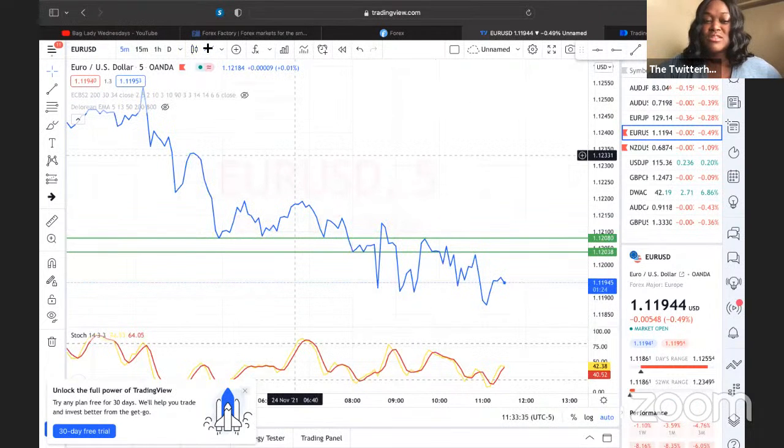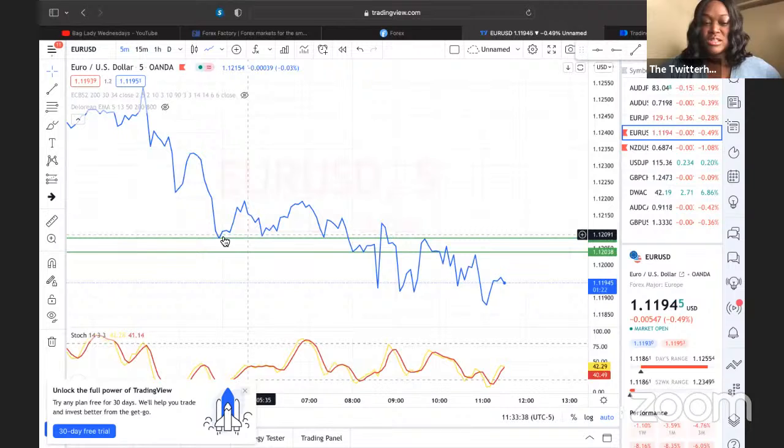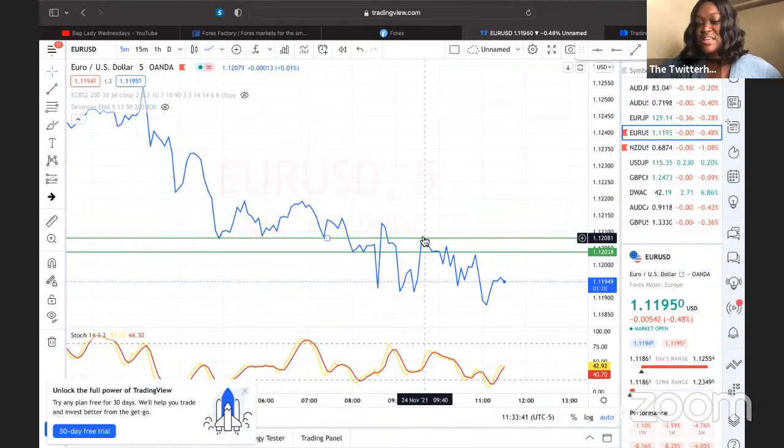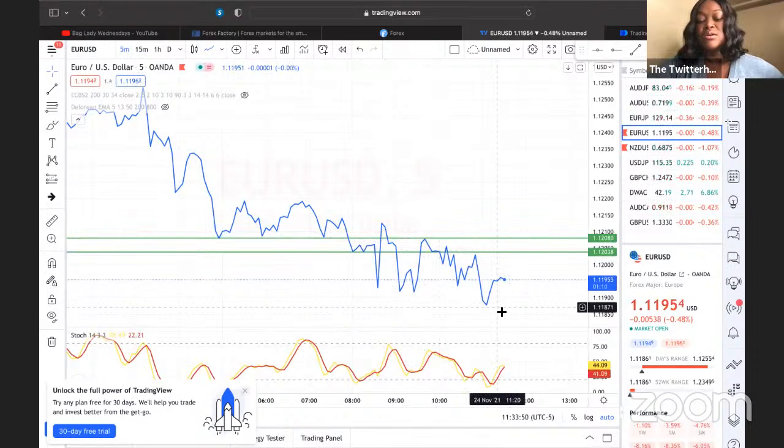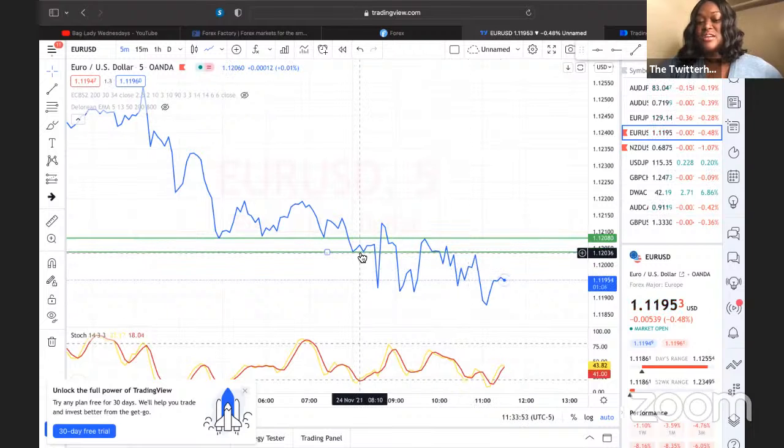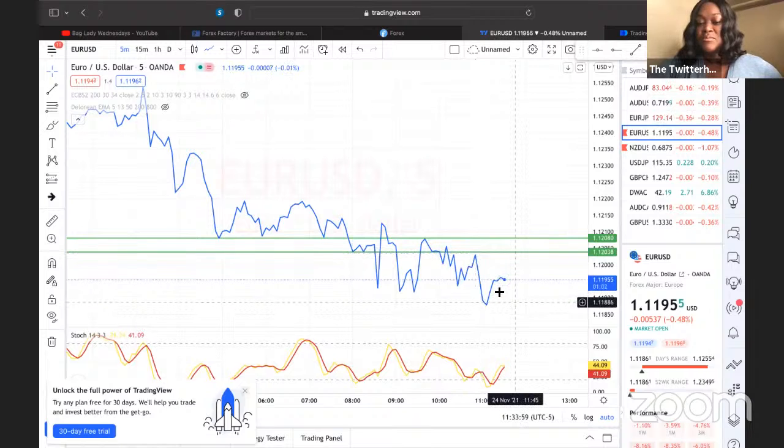I had marked up a floor. This was a floor, so then you see it became a ceiling here. So you sell the floor of a downtrend because the floor becomes the ceiling for you to get back in and go down. And here was another floor here. So it had to come up here and go down, but price is above this ceiling.